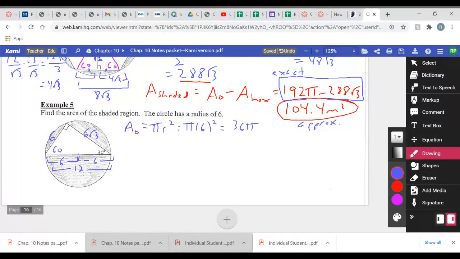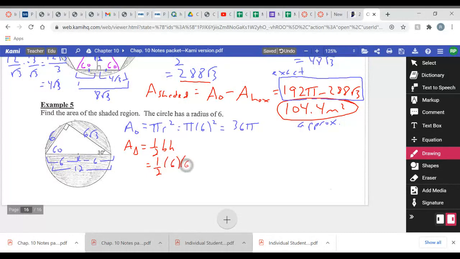So to find the area of the triangle, I can use 1/2 base times height. And because it is a right triangle, the base and height form a right angle with each other. So they're actually just the legs of the right triangle. 6 times 6 square root of 3, which if I multiply everything except for the square root of 3, 0.5 times 6 gives me 18 square root of 3. So that's my area of my triangle.